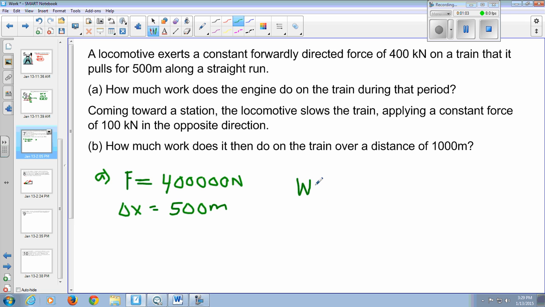Work equals force times displacement, and we know this is a straight line problem. I mean, it's in a straight run, so there's no angle. Force times distance, quite simply: 400,000, or 4 times 10 to the fifth, times 500 meters.